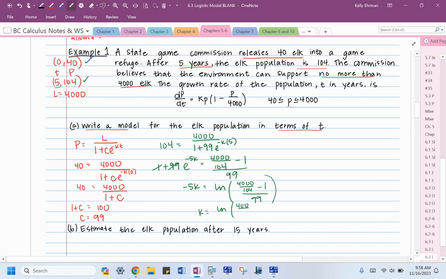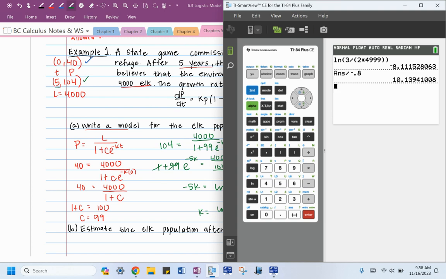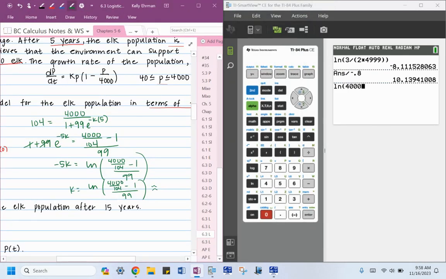Now you want to avoid rounding numbers, so that's why I'm not bothering to type any of this in yet. If they're just asking me for the model, maybe I'll report what this decimal is, I guess. But it's best to leave it to as many decimal places as you can. So what was that? Log of 4,000 divided by 104 minus 1. Let me split screen here so I don't type it in wrong.